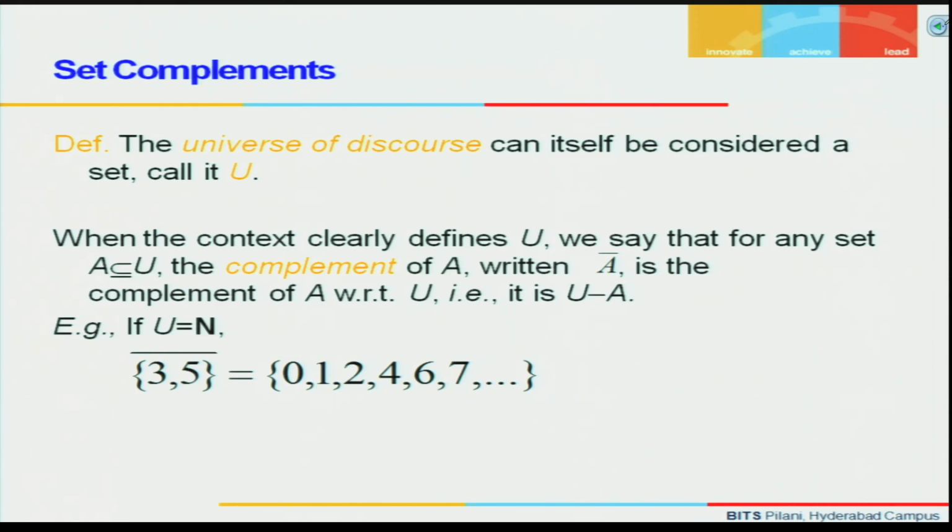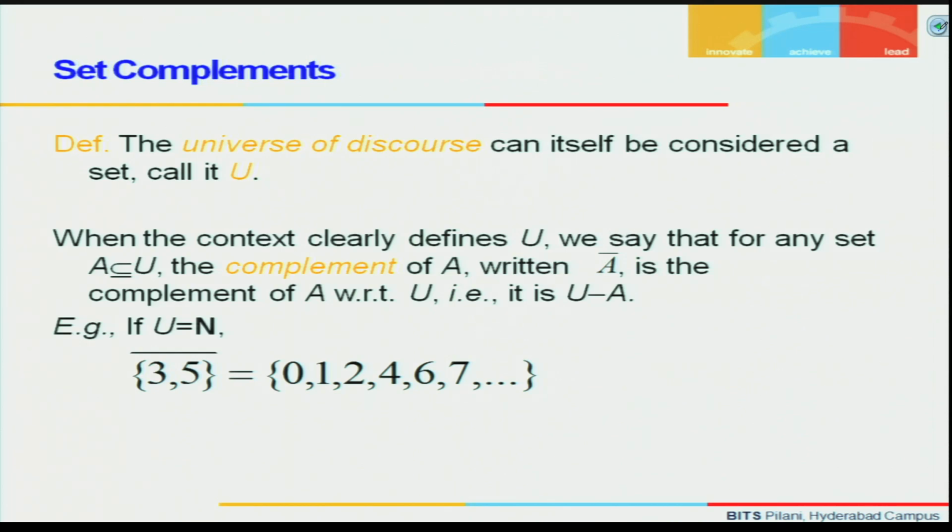When I took the example of the predicate P(x), such that x is sleeping, in the before-last class, I said that the universe of discourse for x happens to be human beings. So here the universe of discourse is nothing but the set of all human beings, isn't it? So whenever you have a universe of discourse, it is nothing but a set.